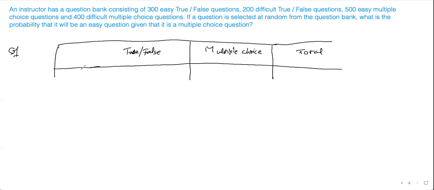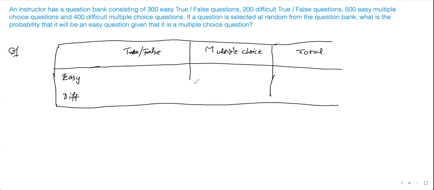Okay. So we have easy, difficult. Okay, and its total. So easy, which is 300 true or false, multiple choice, and difficult which is 200.